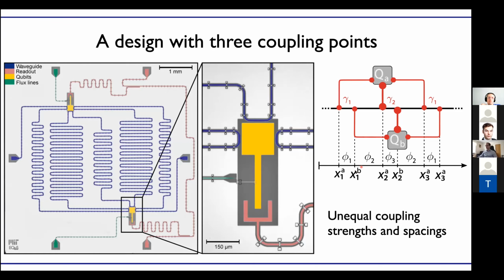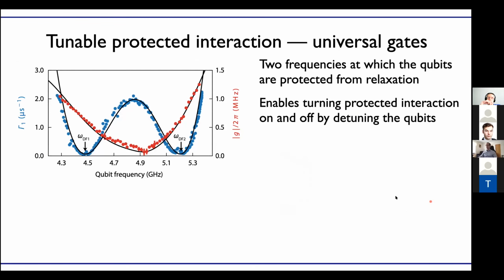And we played around a bit with the distances and the coupling strength at each point, making the one in the middle a bit higher coupling. And the reason for this was that we could now have the following frequency dependence for the relaxation rate.